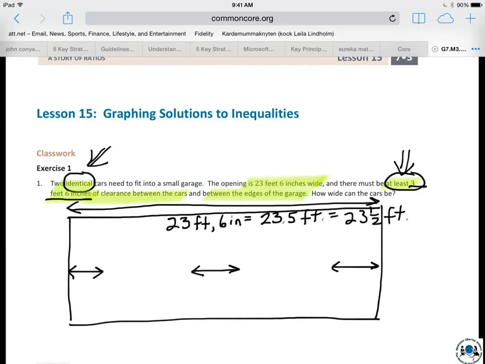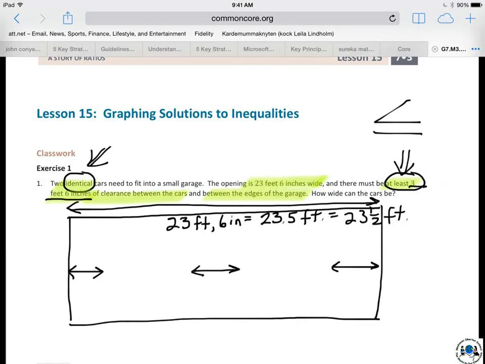This is actually the 23 feet 6 inches wide, it can't be any greater than that. So in truth, all that we put on the left here has to be less than or equal to 23 feet 6 inches wide. But anyway, don't worry too much about that.